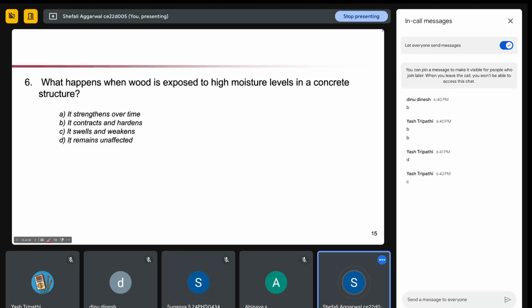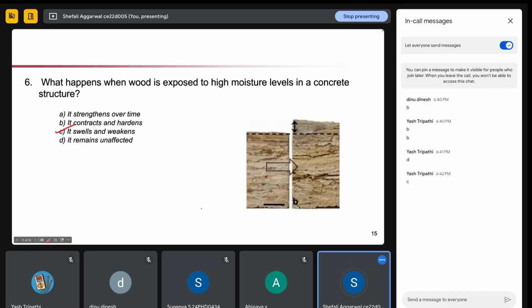It will swell and weaken the structure. This is a diagram showing how much effect it can have. When there is moisture content, the swelling can cause this much change in the dimension of your wood, and it can weaken the structure.